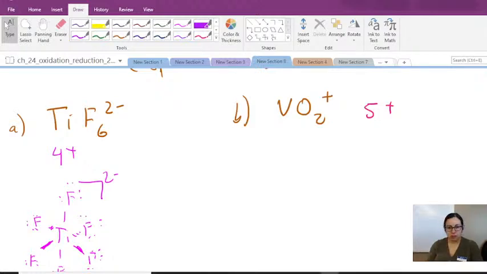Does anyone have what the geometry would be then for the structure, once you drew it out? Two groups. Oh, just linear?